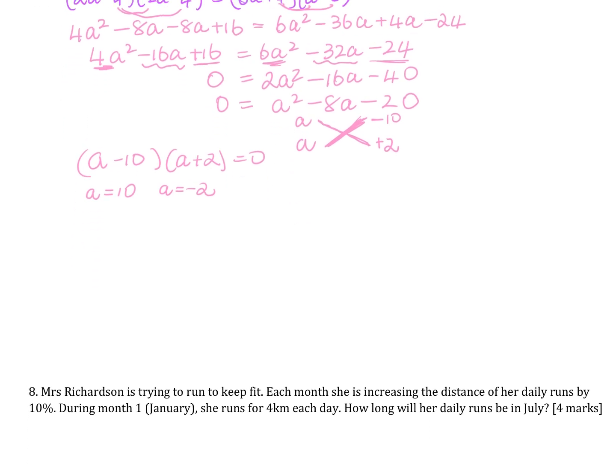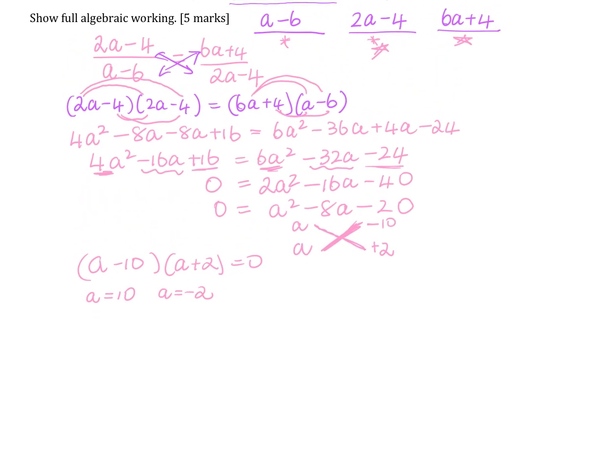Let's take our first case here, and that is that a is equal to 10. If a equals 10, what does our sequence look like? Well, the first one is going to be a minus 6. 10 minus 6 is 4. Next one is 2a minus 4. 20 minus 4 is 16. 6a, 60 plus 4 is 64.